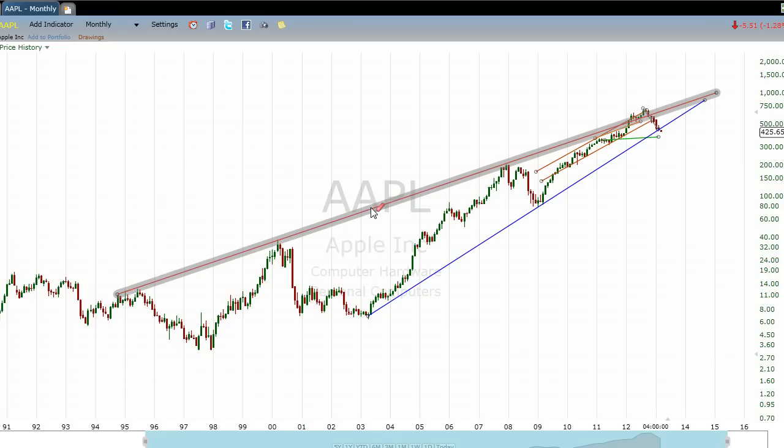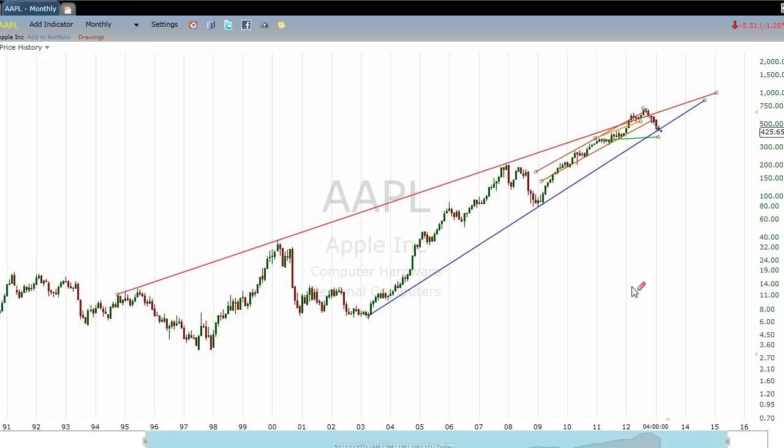So that's it. Apple had been, since the mid-90s, trading in a pattern that was constrained by two lines, one at the top, one at the bottom. Now, look, sure, there are not very many touches on this, so I would not ascribe a lot of technical significance necessarily to these lines when you have touches that are 7 years apart.